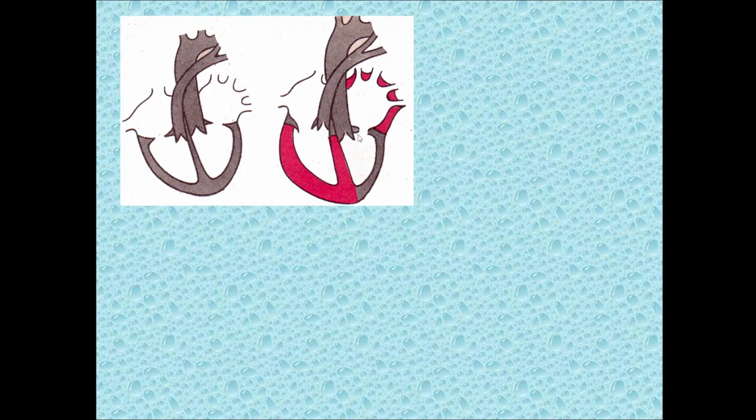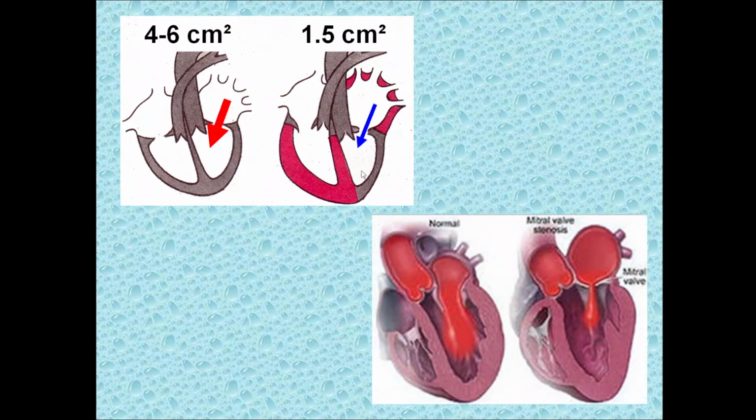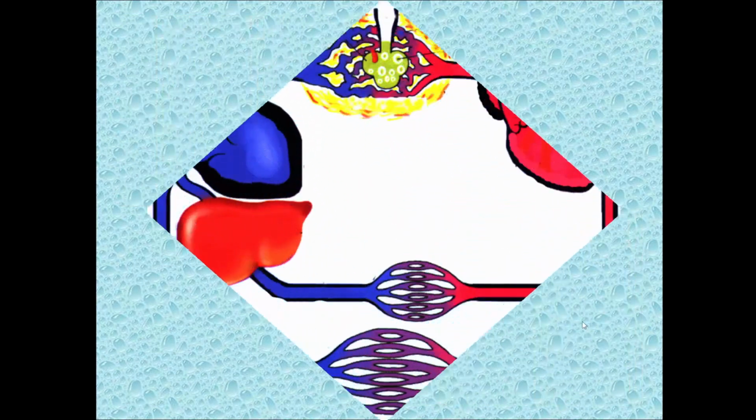In a patient with mitral stenosis, the mitral orifice is narrowed, blood flow restricted, and the left ventricle cannot be adequately filled with blood. Compare normal and abnormal blood flow. Let's see how hemodynamic will be disturbed.